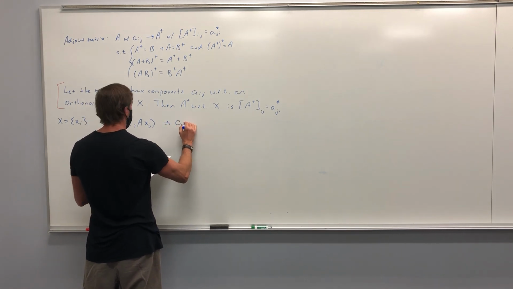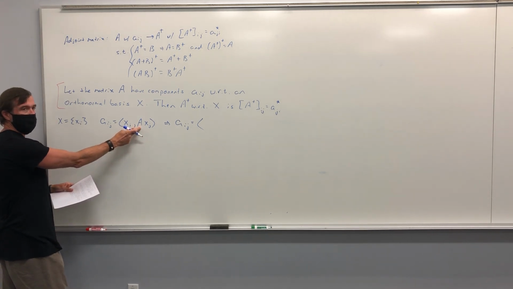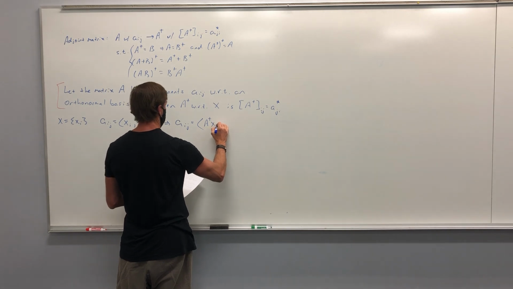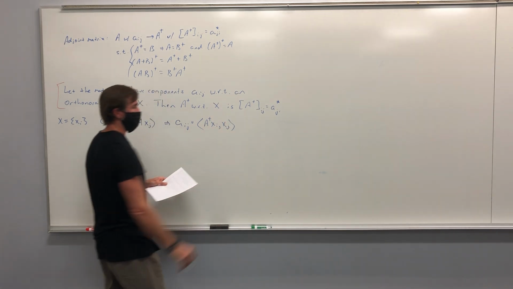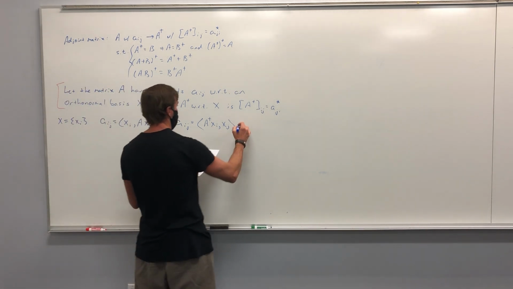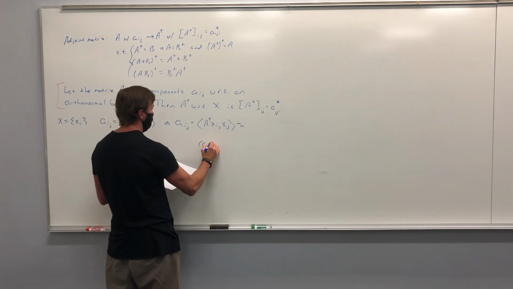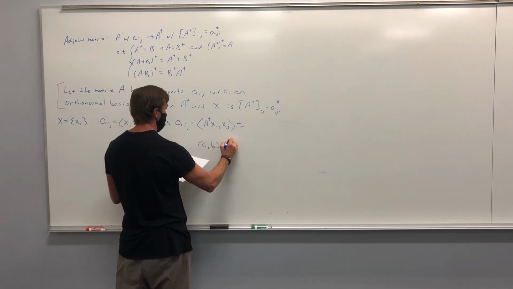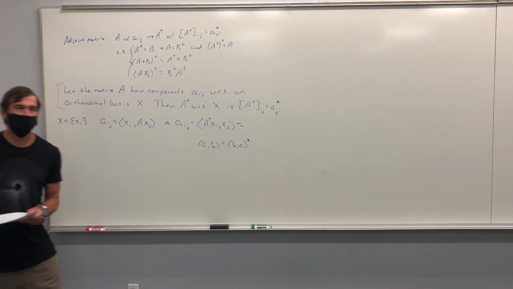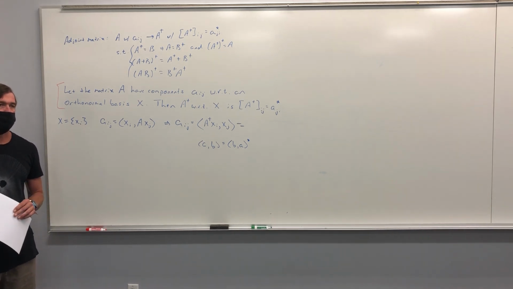But then A_ij can be written as, well, we use the definition of the adjoint of A. And now, remember that the inner product of A and B is the complex conjugate of the reversed inner product. This is true for any inner product.